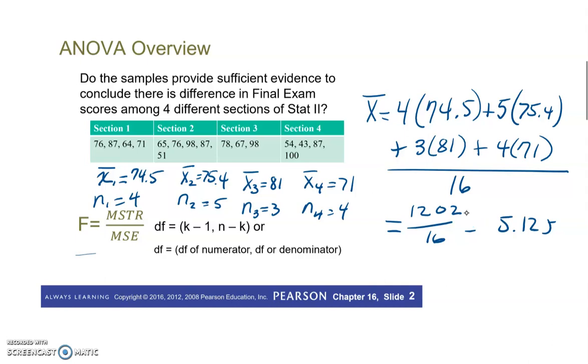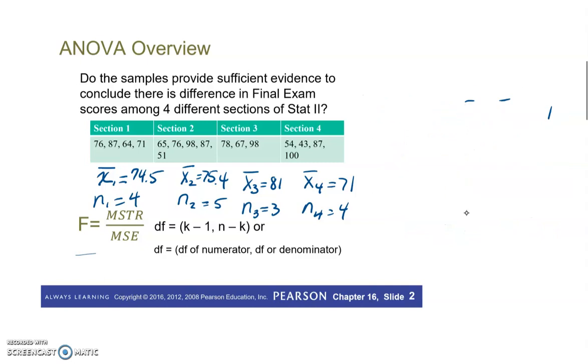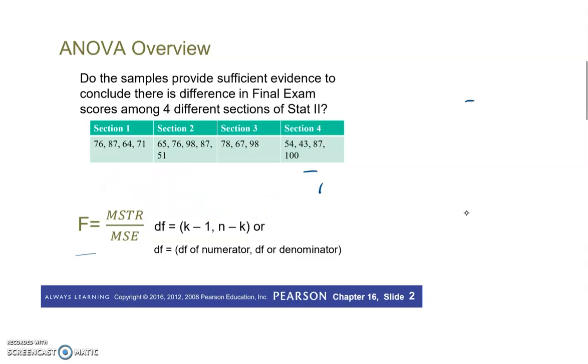Now let's talk degrees of freedom for a second. Your degree of freedom formula, of course, can be found on your formula sheet. You will see that it looks like k minus 1 comma n minus k. The first number for the degrees of freedom will always represent the degrees of freedom of the numerator, and the second number, the n minus k, is going to represent degrees of freedom of the denominator.